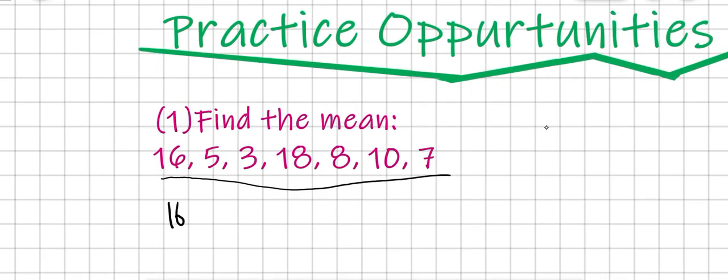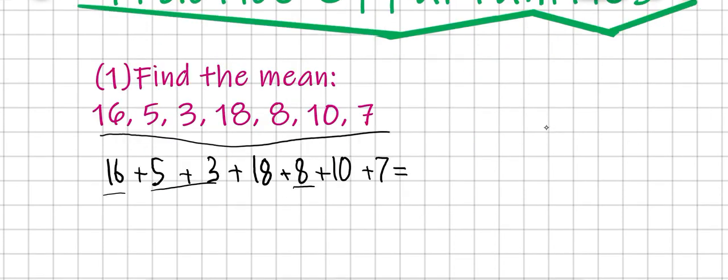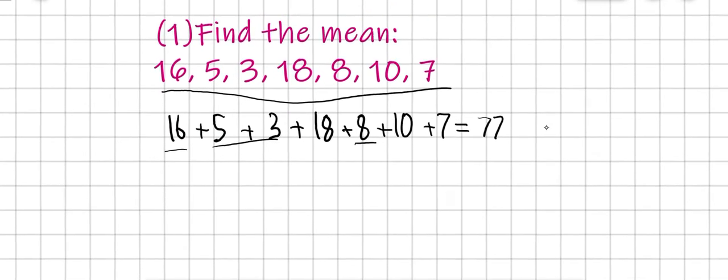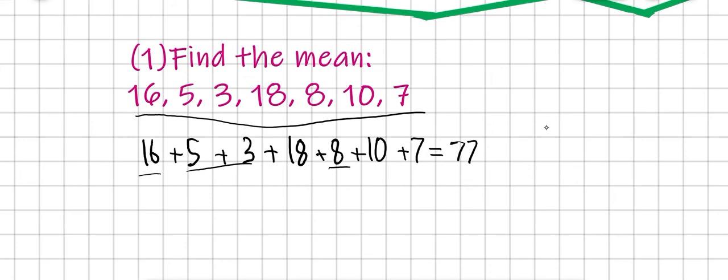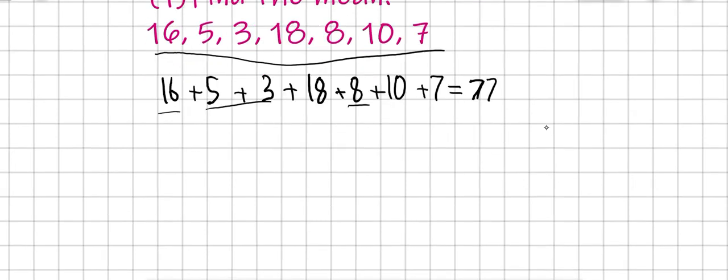So let's do that. 16 plus 5 plus 3 plus 18 plus 8 plus 10 plus 7. That will be 77. If you want to actually solve this problem yourself, just pause the video and solve the problem and come back to it. But I'm just doing the solution now. So 77 is what we get when we add it all up.